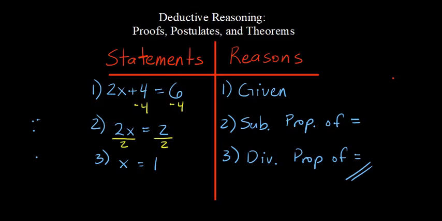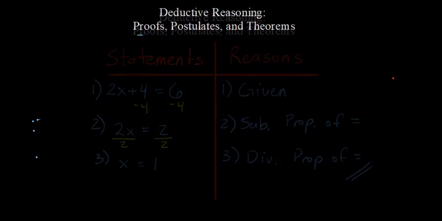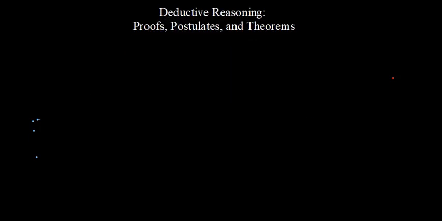So now that we understand what a proof is and how we use it, let's talk about those postulates and theorems. These are the two main ways that we will justify any statements. We'll also use things like definitions and properties of equality and other mathematical justifications. But these are the two big ones in geometry that you need to know.